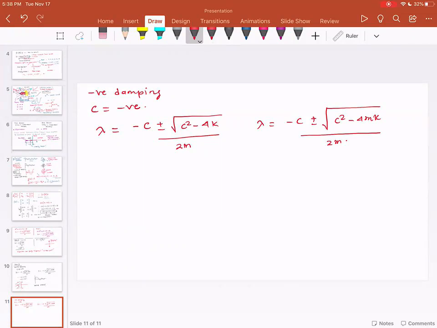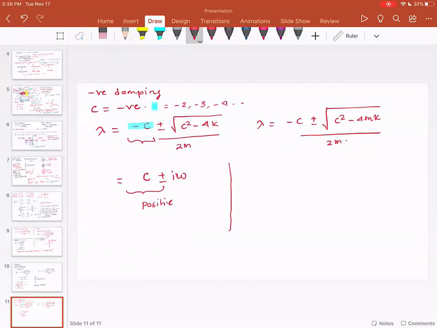So here you will notice that we have this negative c. Since c is negative, this number is like minus 2, minus 3, minus 4, etc. You are going to have a positive value of real part. So this value will become positive, and you are going to have c plus minus i omega.